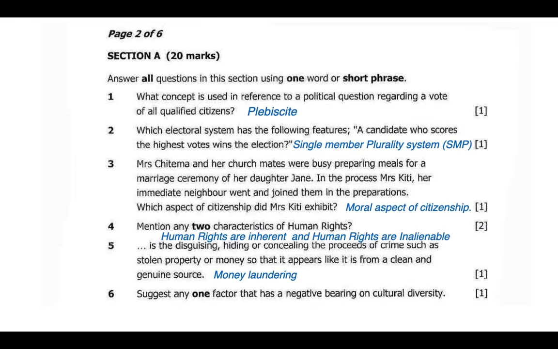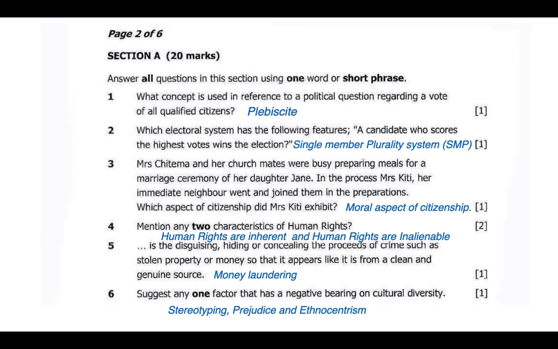Ethnocentrism is one of the negative factors that have a negative effect on cultural diversity. So we can list these three: stereotyping, prejudice, and ethnocentrism. Even though they asked for one, I've listed three for the sake of study.